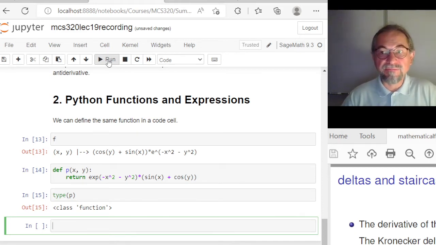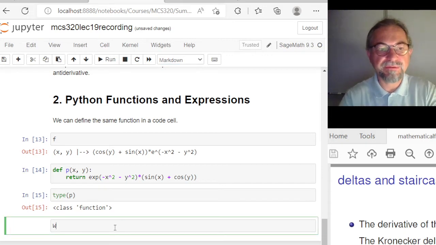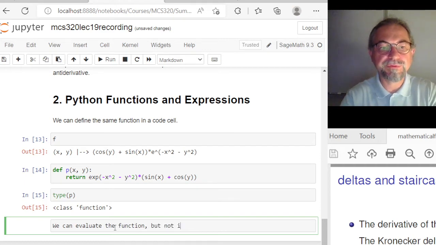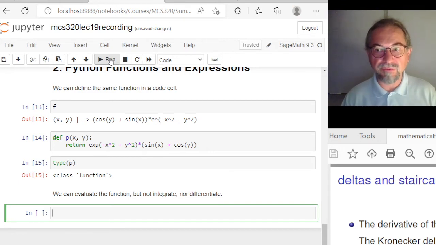So we can evaluate this function, but we cannot integrate nor differentiate. I can try it, but let's not do this. We will have a bug. The point though is that we can evaluate, and within symbolic computation we can evaluate at a symbol.